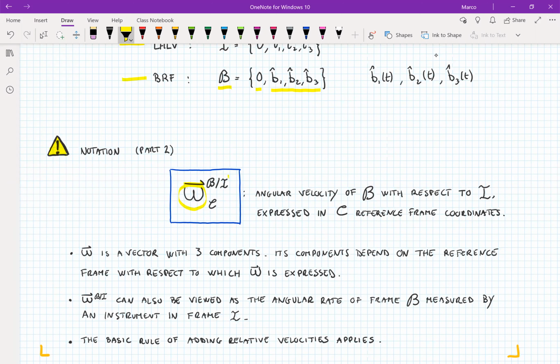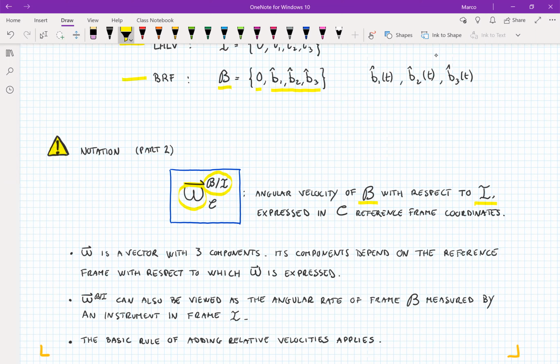Now we have other symbols. The superscript means that this is the angular velocity of the body reference frame with respect to the inertial frame of reference.